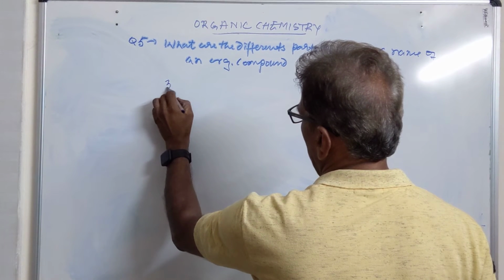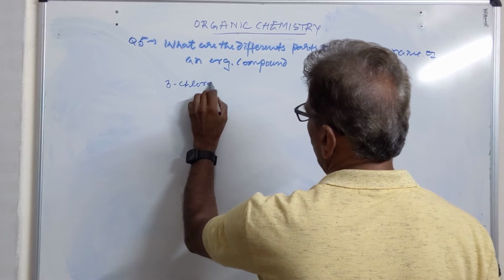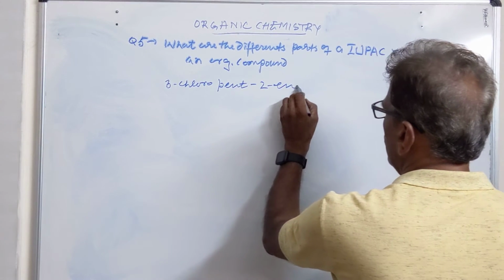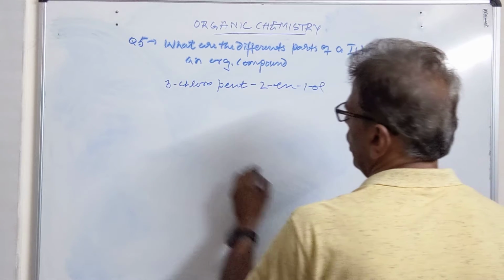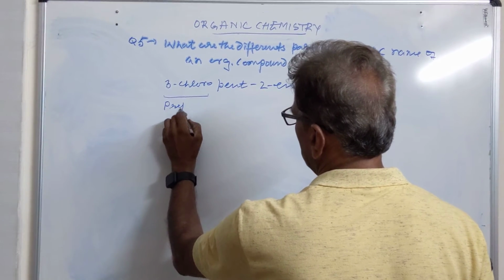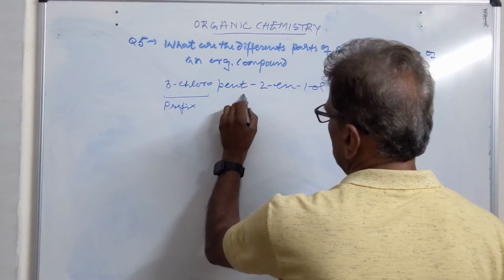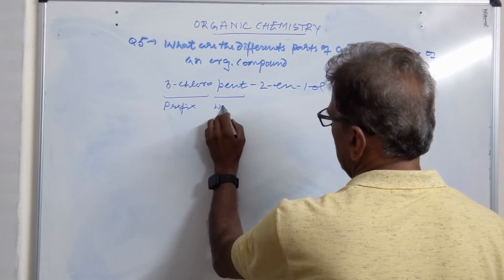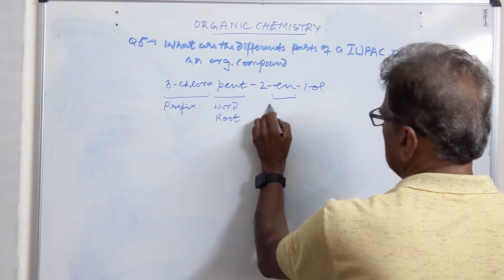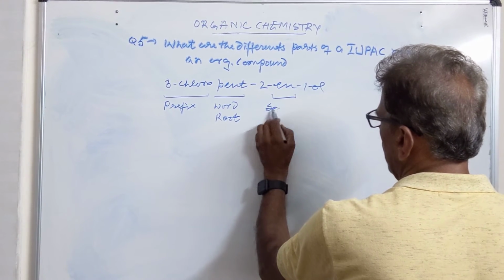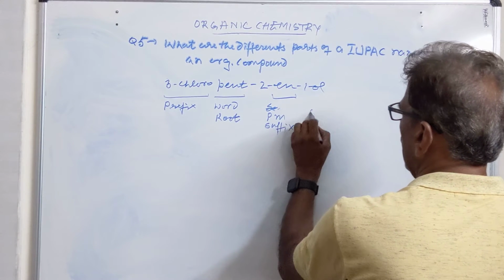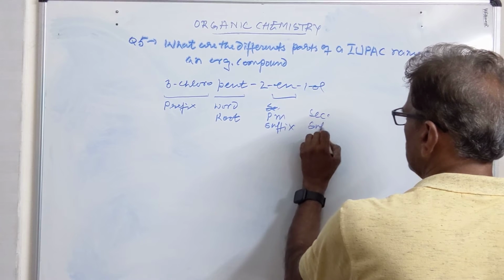For example, we have a name 3-chloro-pent-2-en-1-ol. Now here, this is called the prefix. This is pent. This indicates word root. Then en is primary suffix, and this is secondary suffix.